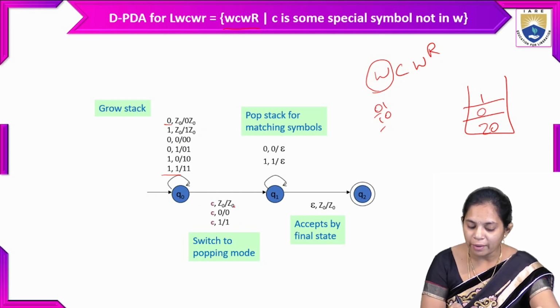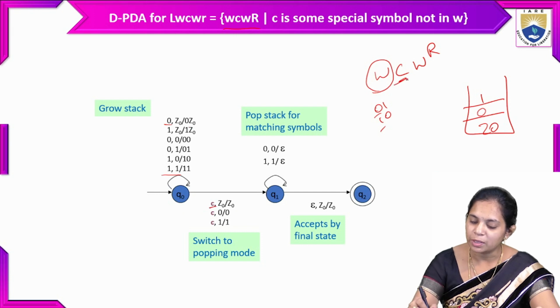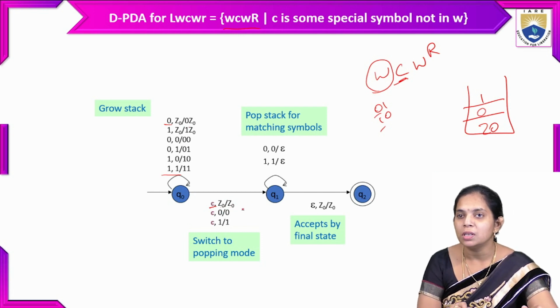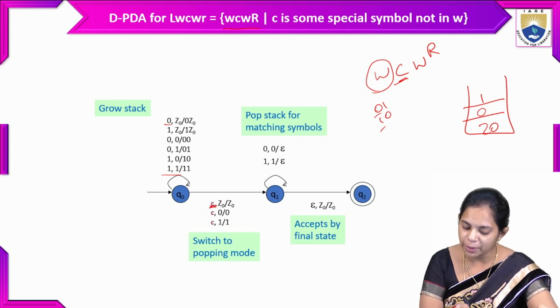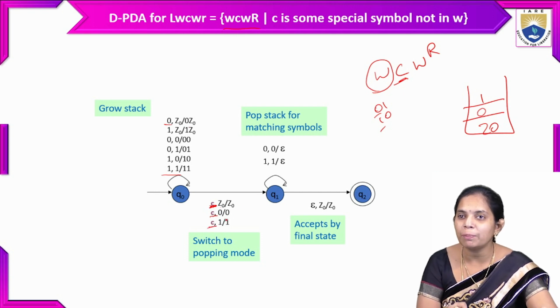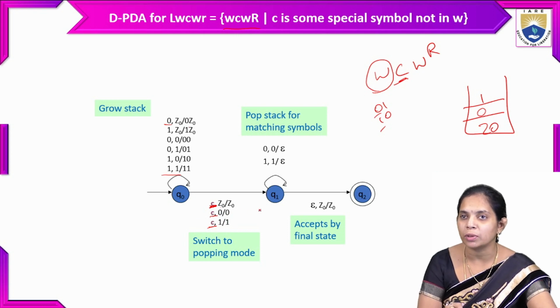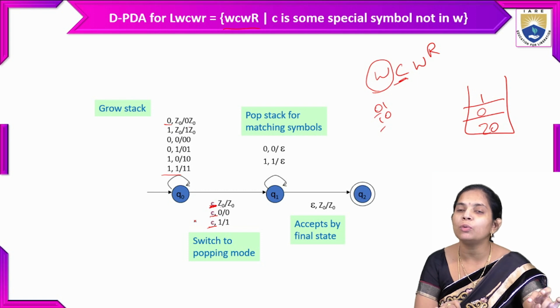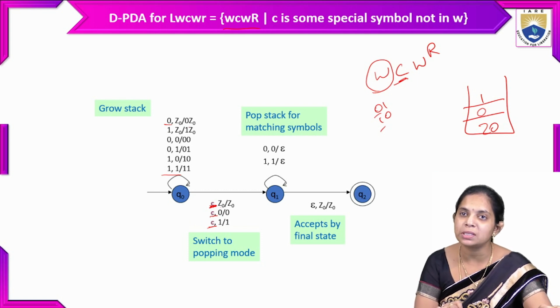And next, after we insert the C symbol. When the C symbol appears with Z0 on top of the stack, we have to do nothing, we skip that operation. Whenever C appears in the string, we switch to pop mode; whenever C appears, we need to pop the symbols from the stack.